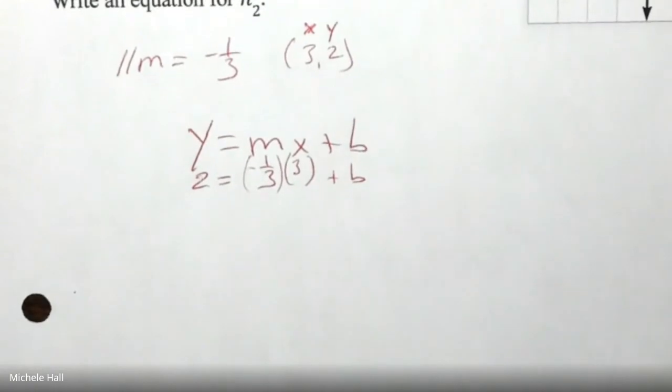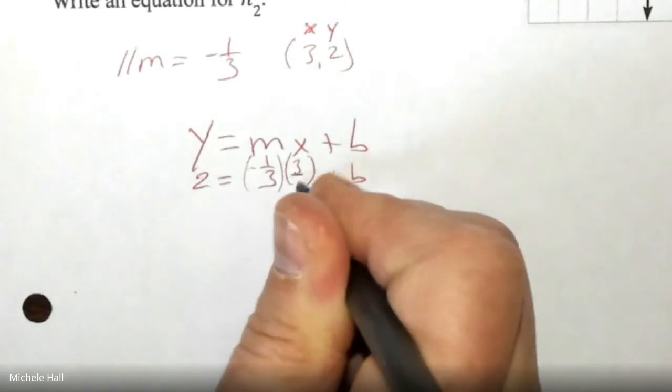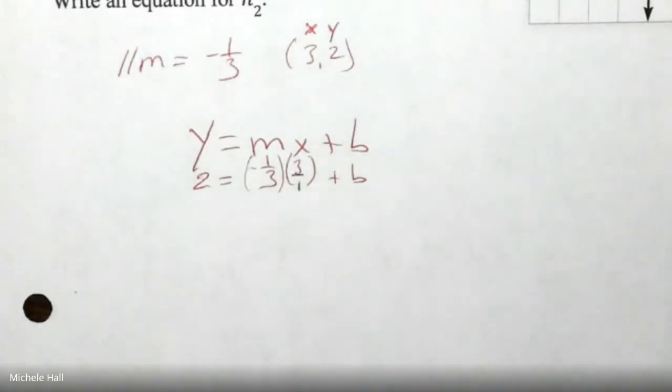Okay, we have to simplify. Negative 1/3 times 3. How do we start multiplying fractions? Make 3 a fraction. Then what? Multiply straight across.